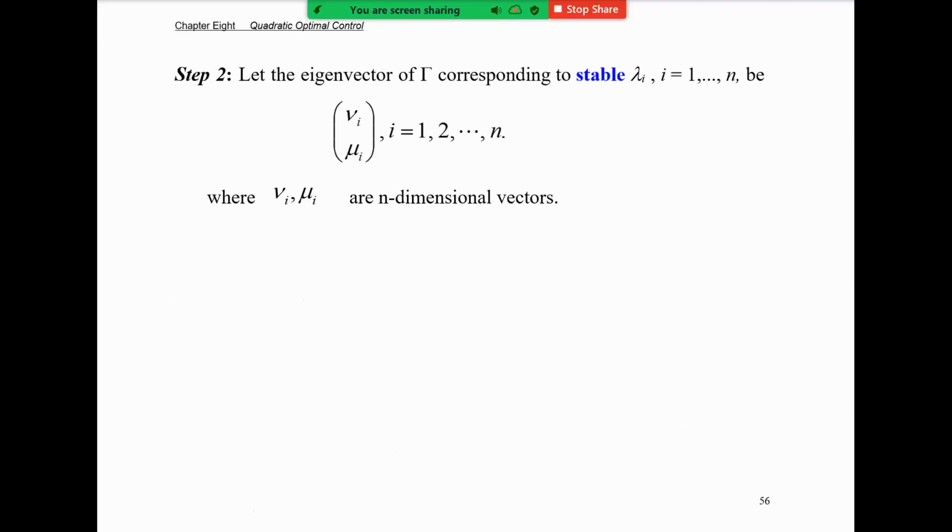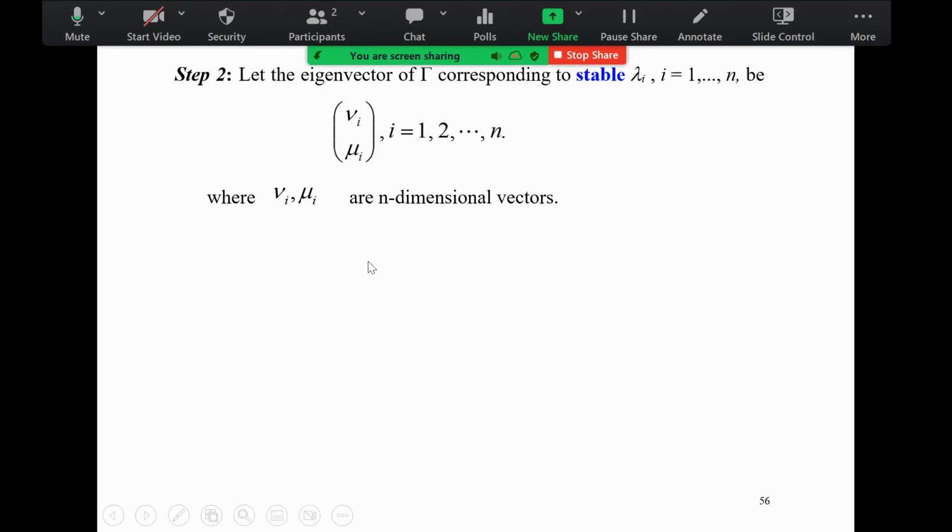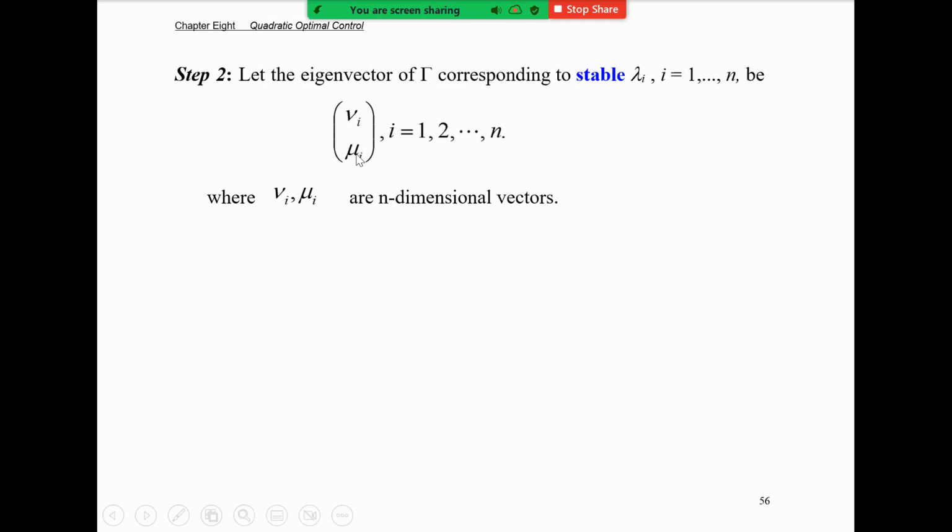Also, the stable eigenvalues may be complex numbers, so those eigenvectors may also be complex valued. That is fine. So you may get some complex values.